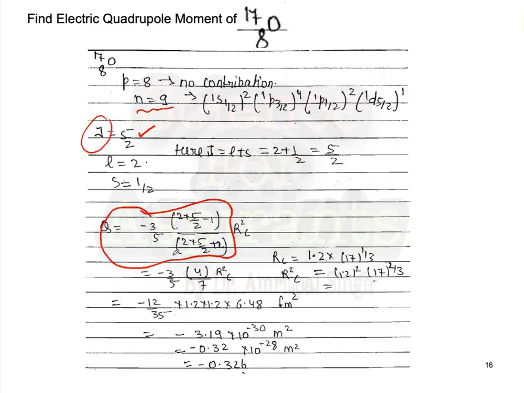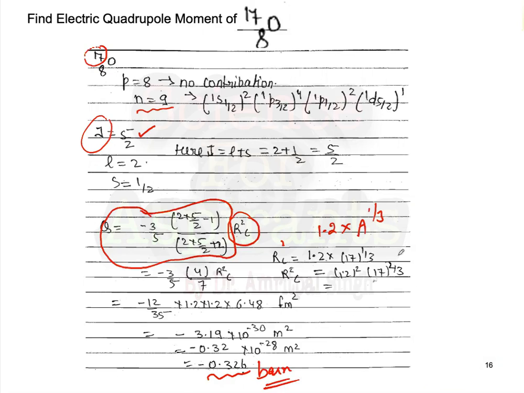From that you can find the value of the critical radius, which is equal to 1.2 times A^(1/3). Here A is the atomic mass of the oxygen nucleus, that is 17. Putting these values of the radius and J, you can find the quadrupole moment, and this is equal to minus 0.326 barn.